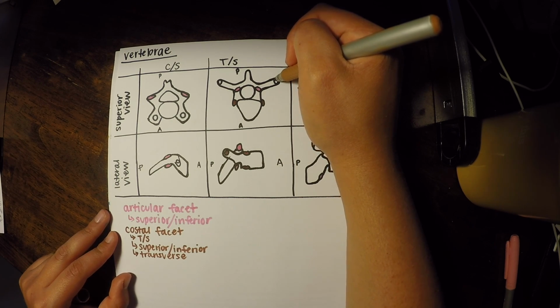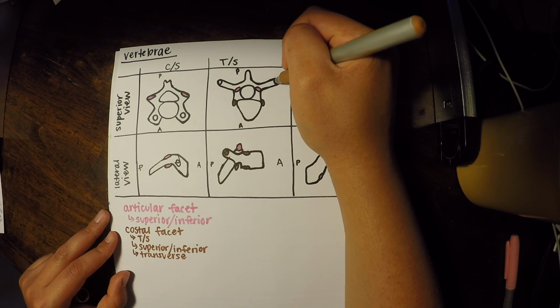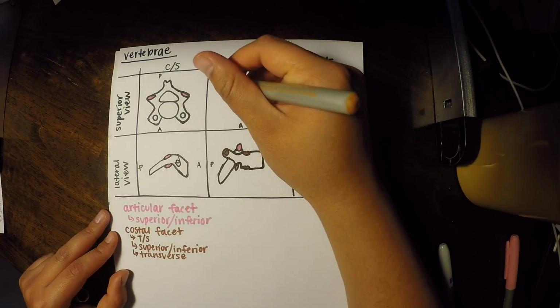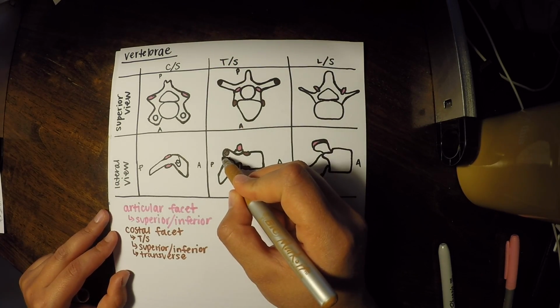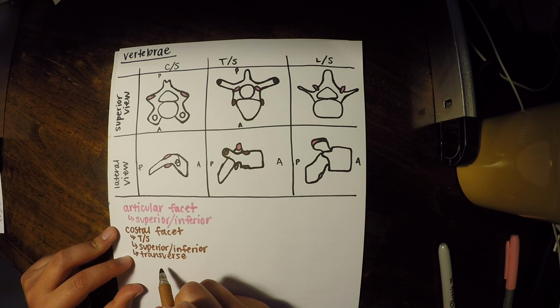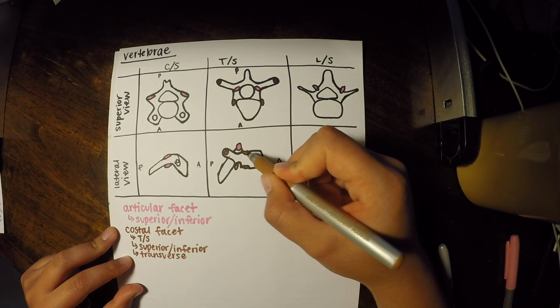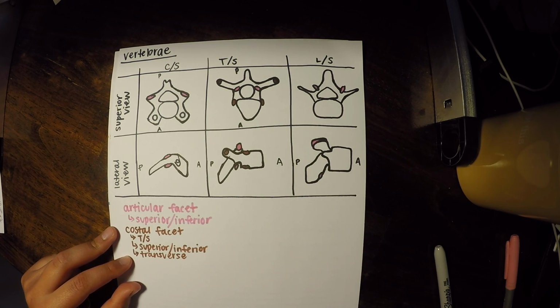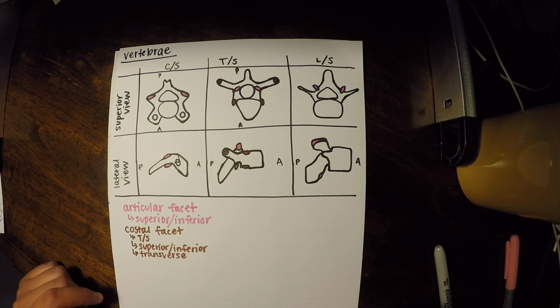So we'll get to that in a moment. That's going to be the next thing we're going to learn. But these brown dots right there and right here, those are our transverse costal facets. Remember, these three are superior costal facets. And this one right here is our inferior costal facet. So it makes sense. It's really based on location.